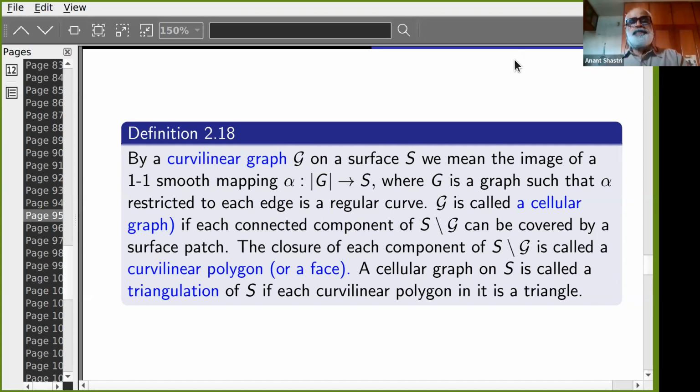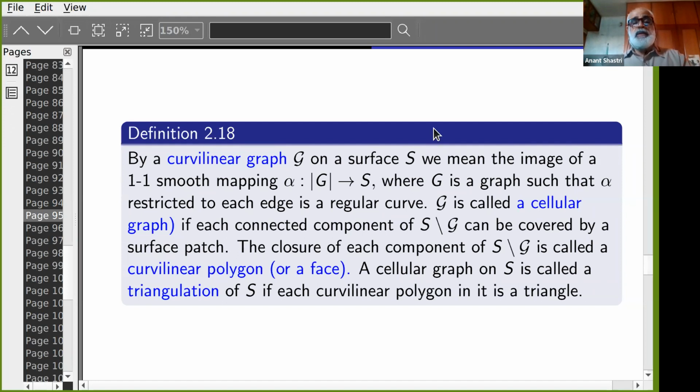Last time we began the proof of the Gauss-Bonnet theorem. So let us continue that now. We introduced the notion of a curvilinear graph on a surface.